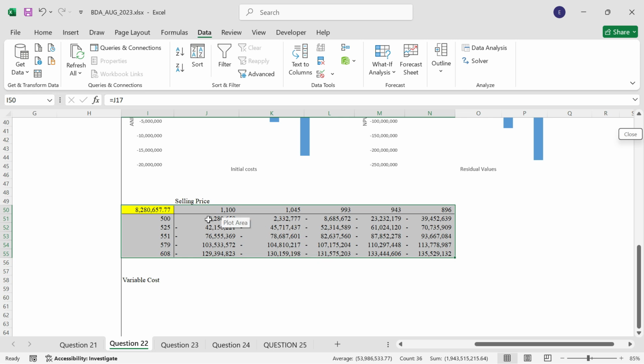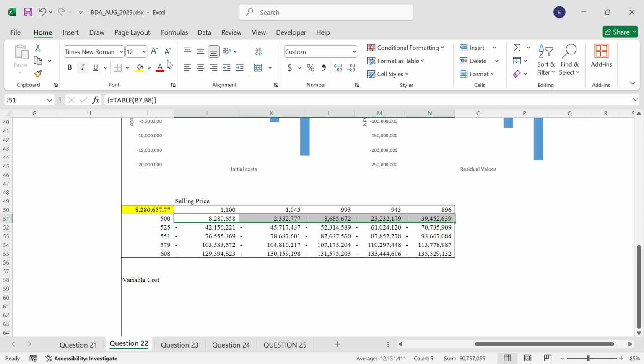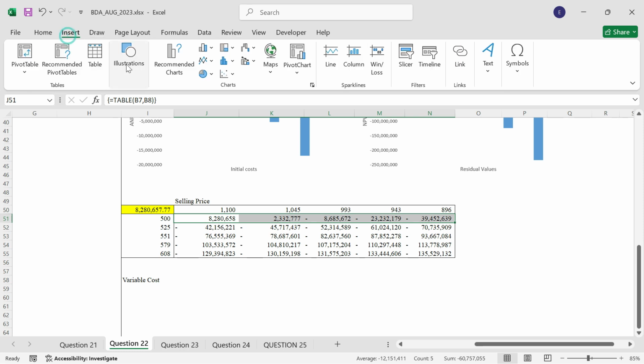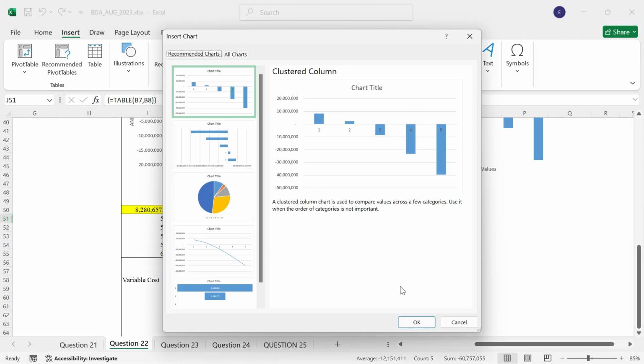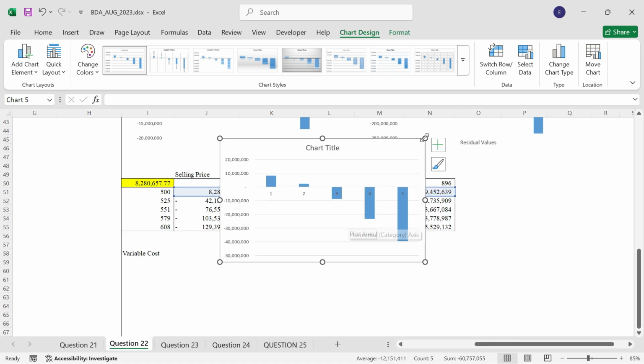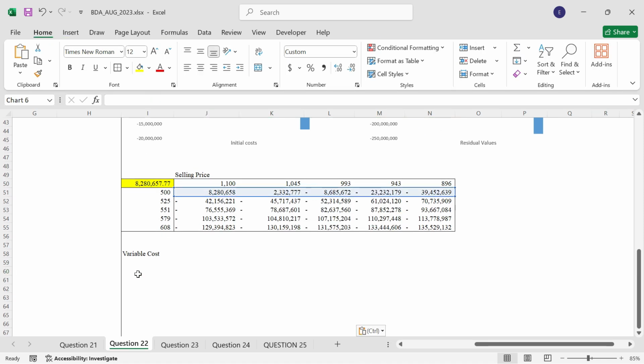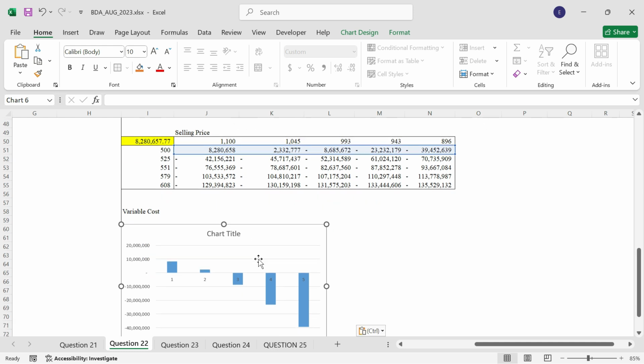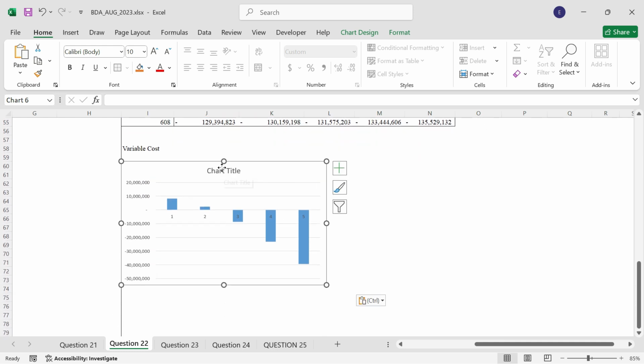I can do graphs. So for my selling price, very similar graph to what we had before. Selling price sensitivity.